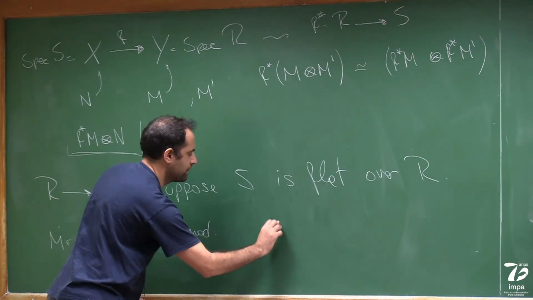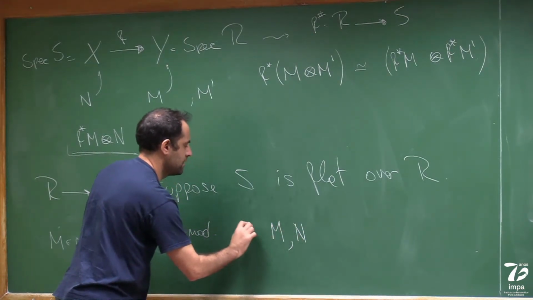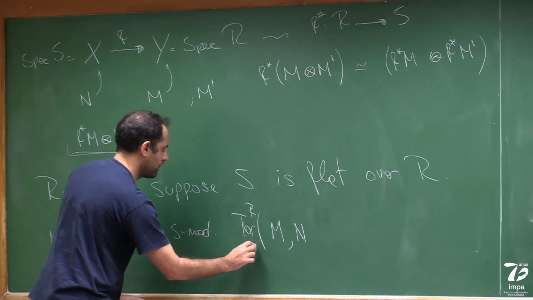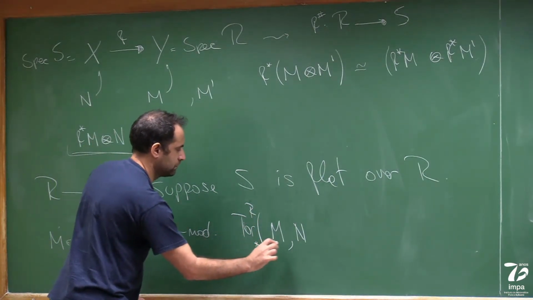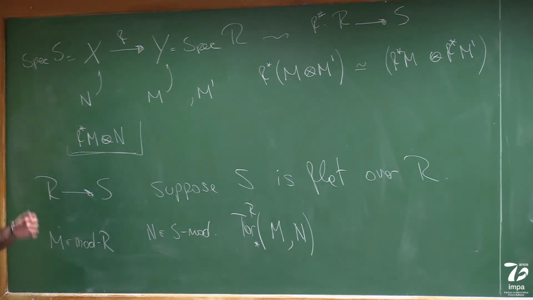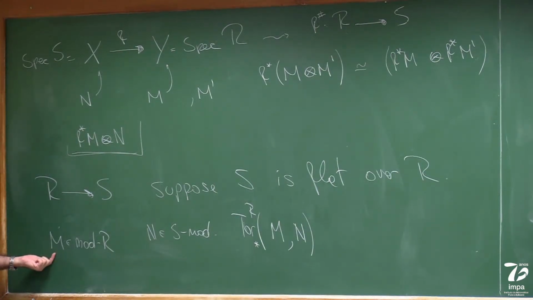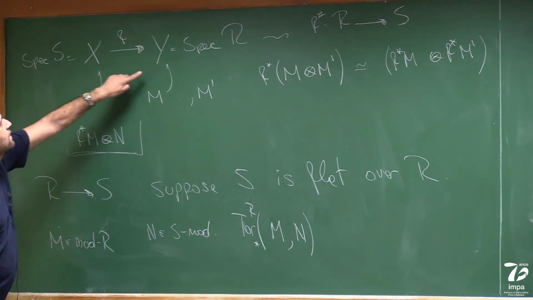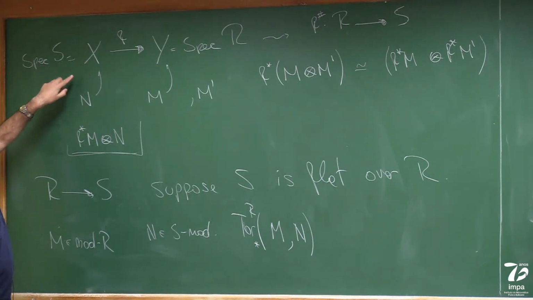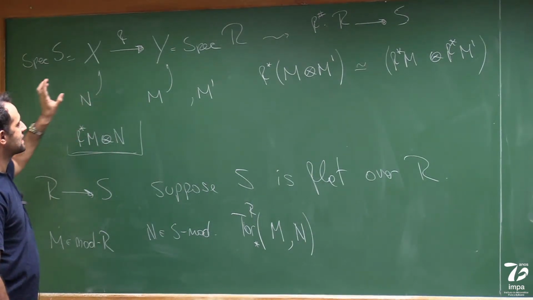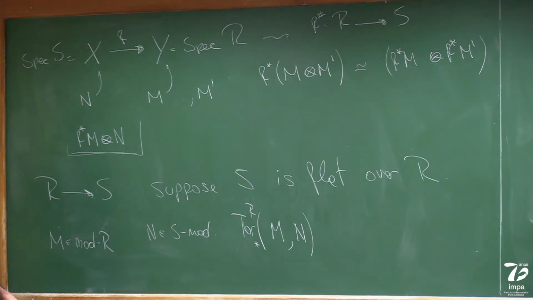And I could look at M, N, and take the Tor on the ring R. So this is view N as an R module, take the derived tensor product. This is just extension of scalars. All right, so that's one thing I could do.